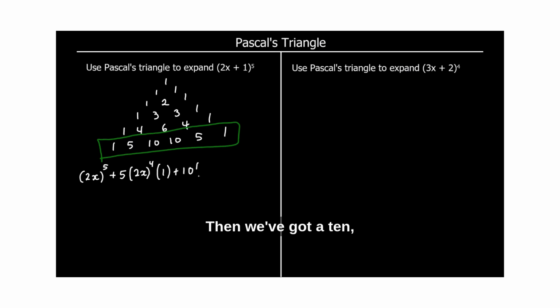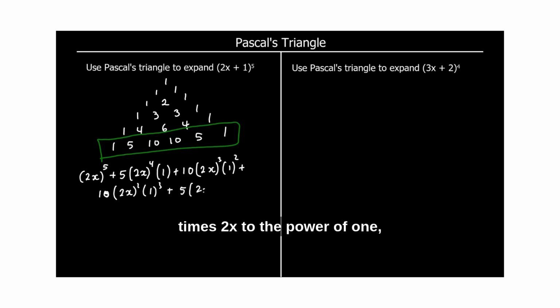Then we've got a 10, (2x) cubed times 1 squared. Then another 10 times (2x) squared times 1 cubed. Then a 5 times (2x) to the power of 1 times 1 to the power of 4. And then finally 1 times 1 to the power of 5.